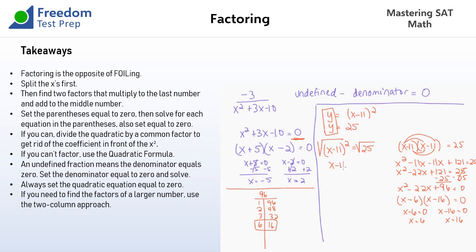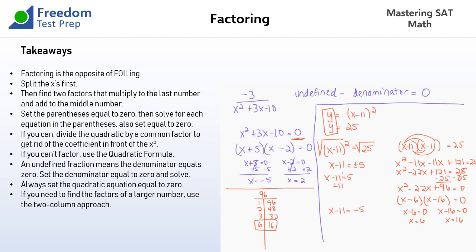So you just get x minus 11 equals, most people think of the square root of 25 as being 5. But the truth is it's plus and minus 5. So you actually come up with x minus 11 equals 5, and x minus 11 equals negative 5.